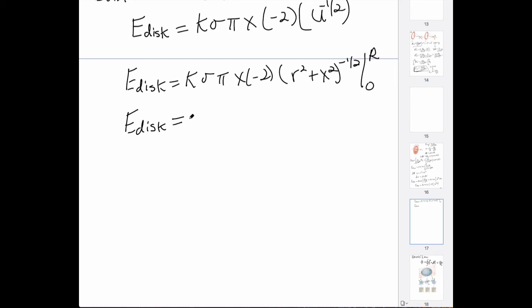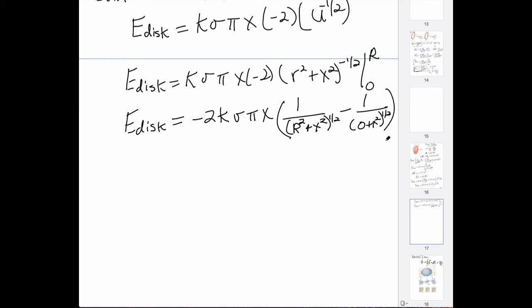So E disk, again, the E field at point P from the entire disk is now negative 2 times k times sigma times pi times x, look at all of that giant pile of constants, times R squared plus x squared to the negative 1 half from 0 to R, which means I got 1 over the square root of capital R squared, the constant R squared, the entire disk, plus x squared, minus 1 over, and I'll plug in a 0 there, 0 plus x squared to the 1/2.